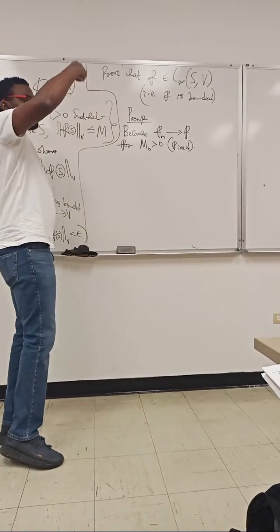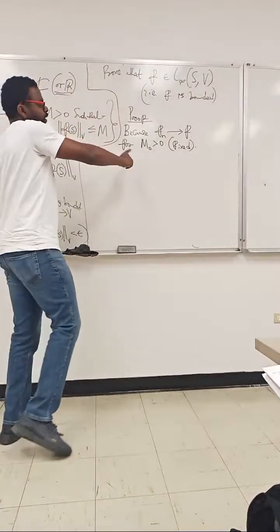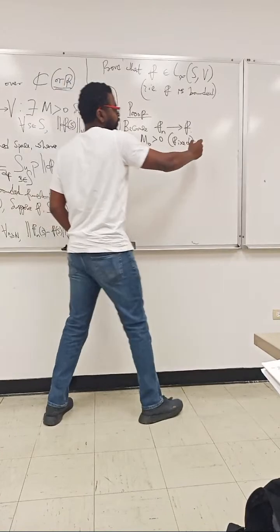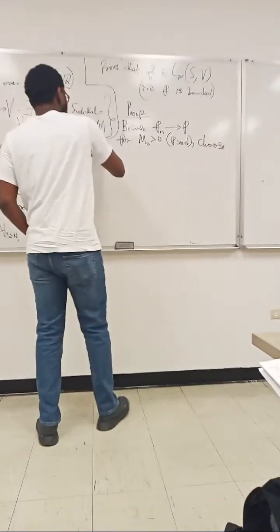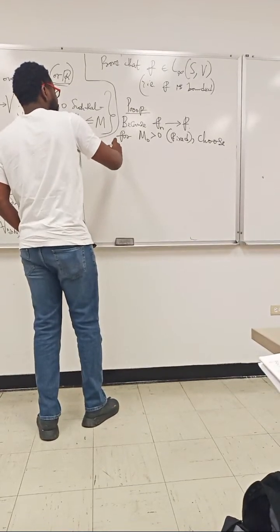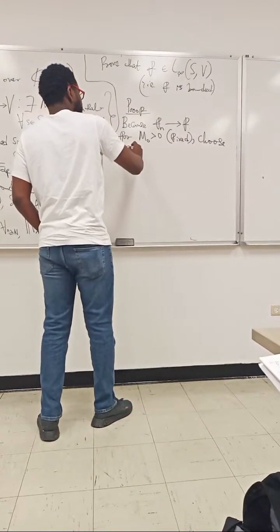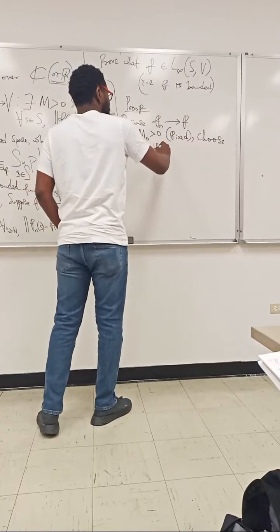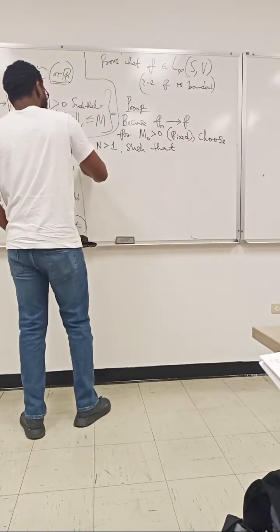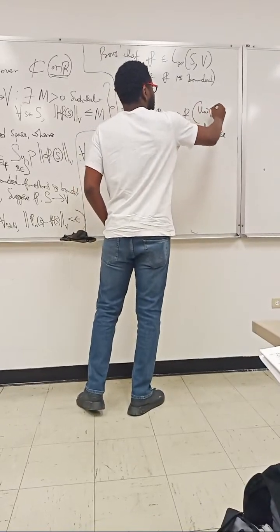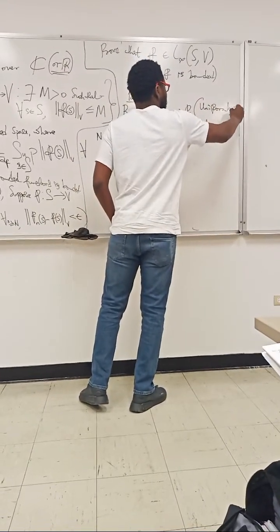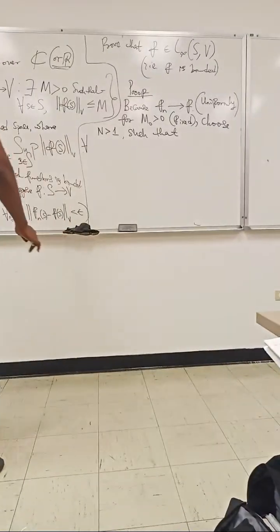Since I know that for all positive numbers there exists an n, for this M naught positive, choose a natural number N greater than 1, such that this is a uniform limit.